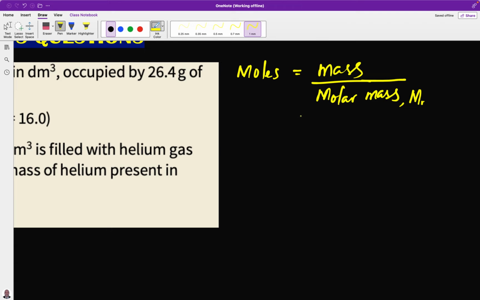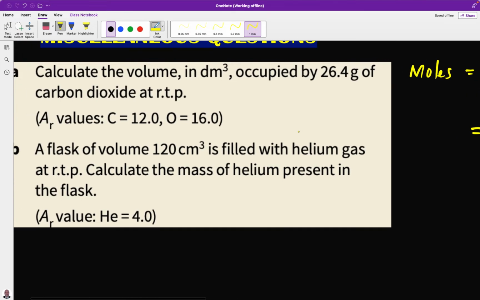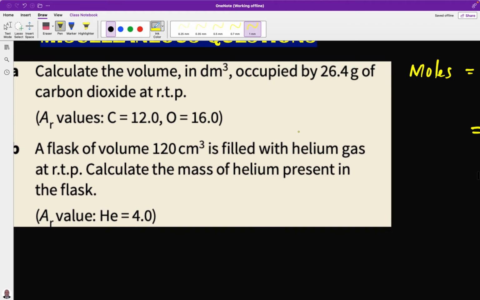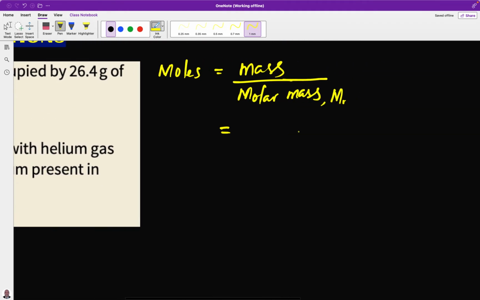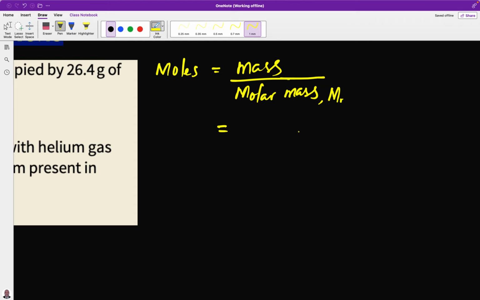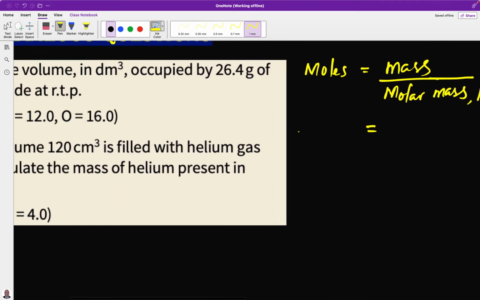If we use this relation, we are told to calculate the volume in dm cube occupied by 26.4 grams of carbon dioxide. Now, we need to look for the molar mass or the MR of carbon dioxide.